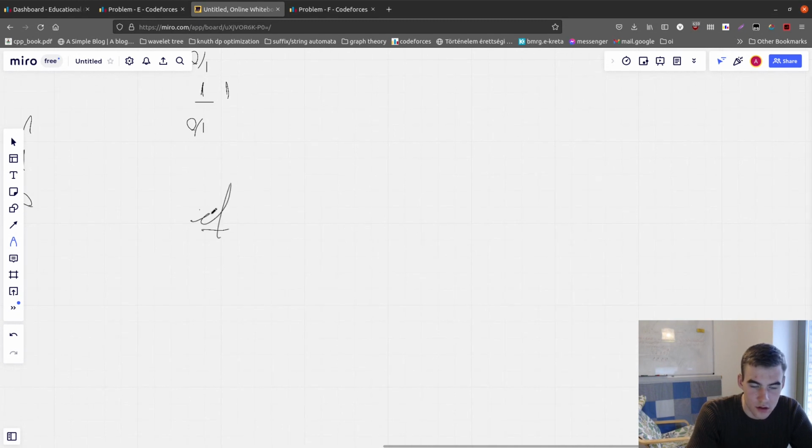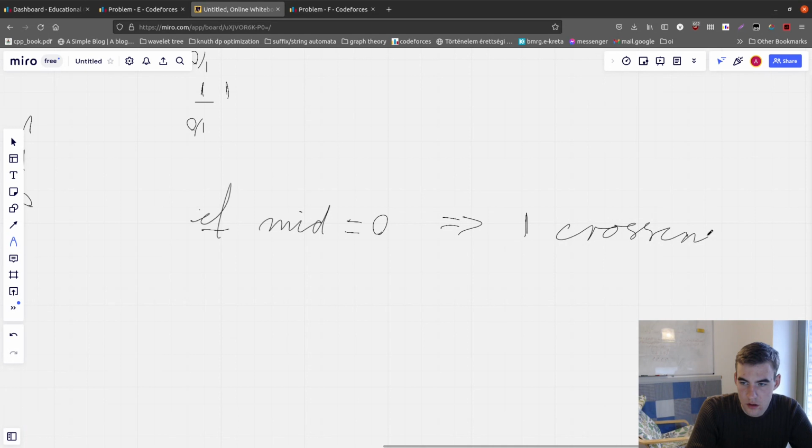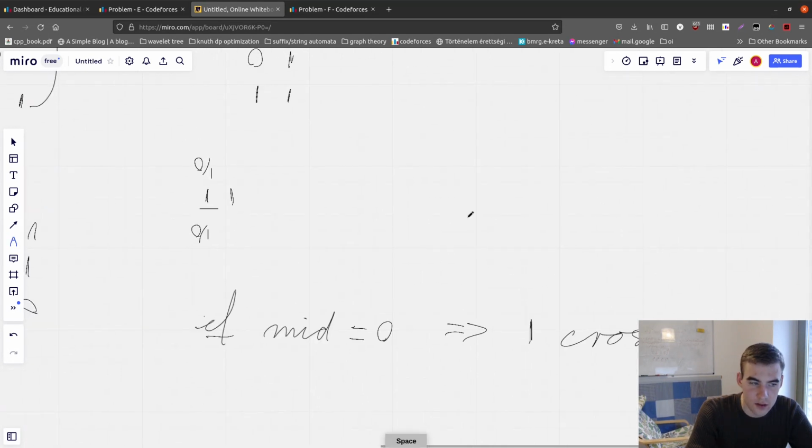So if mid equals 0, 1, then it's going to be L minus R plus 1.